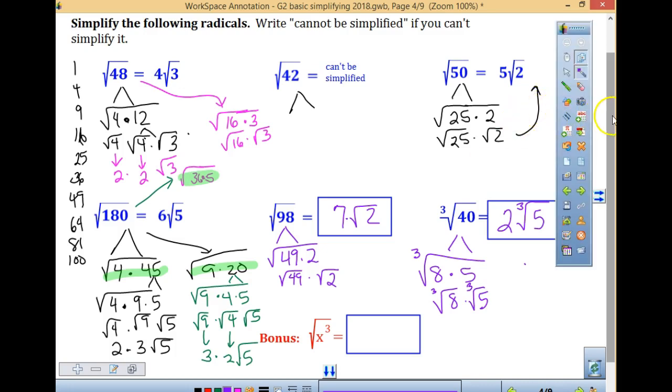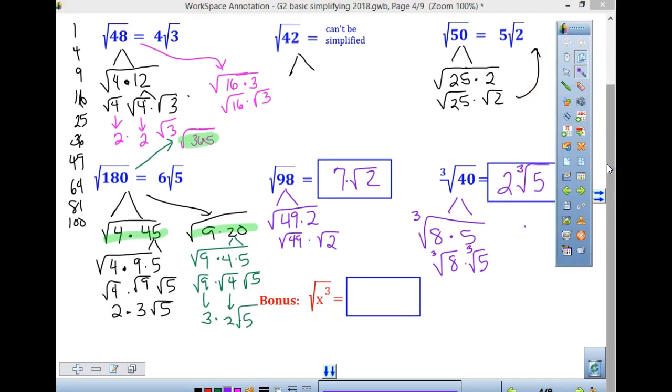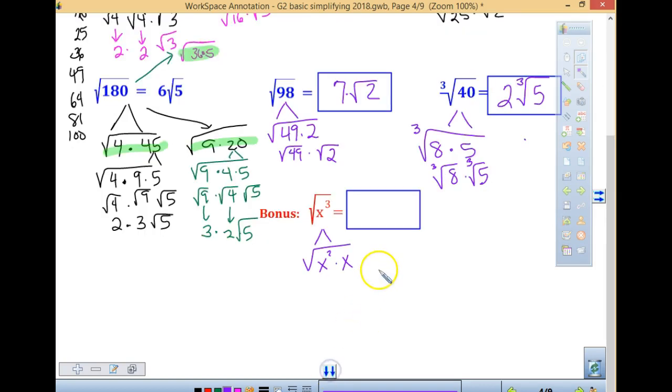So how do you do it when you get a variable? How do you do it when you're looking at a variable like x to the third? So you might want to think x to the third can be factored as x squared times what? Times x. So we really have the square root of x squared. What's the square root of x squared?